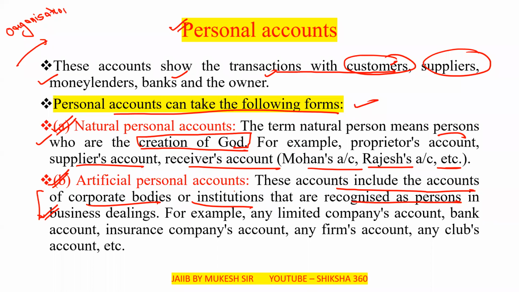For example, any limited company's account, bank account, insurance company account, any firm account, any club account, etc. All these are included under the artificial personal account.